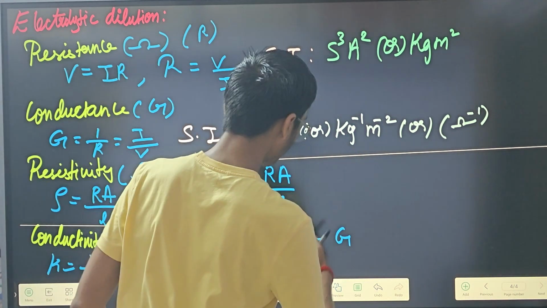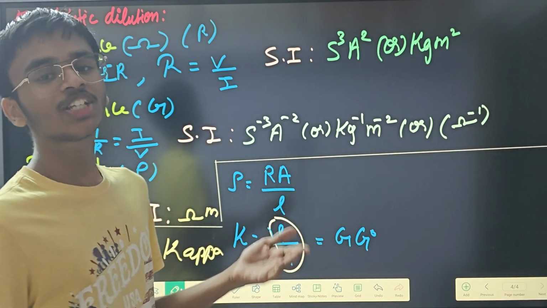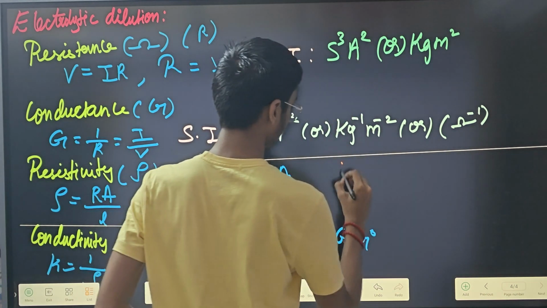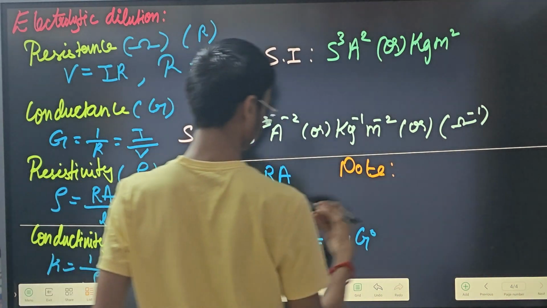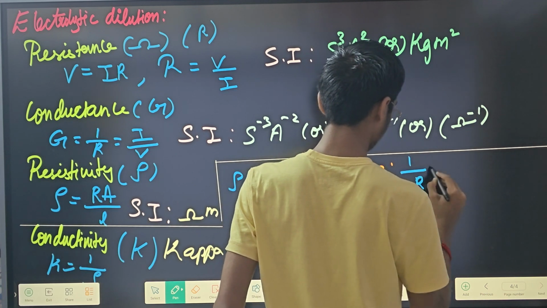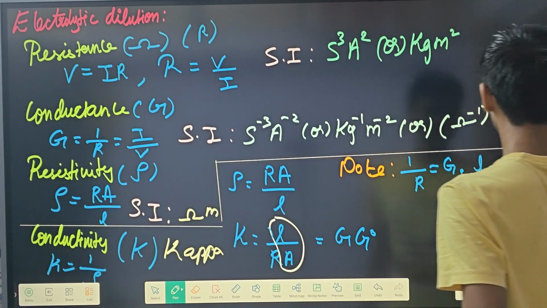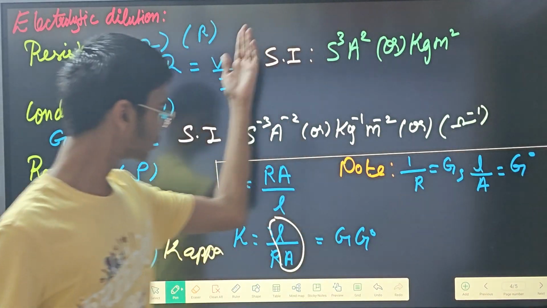L by A I'm going to take as G naught. So kappa is equal to G into G naught. Note that 1 by R is equal to G, comma, L by A is equal to G naught.